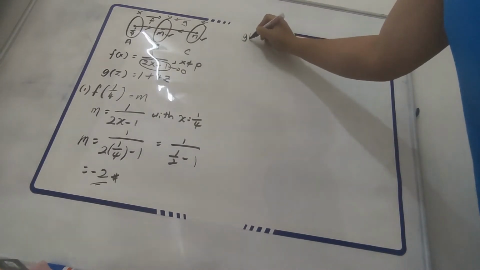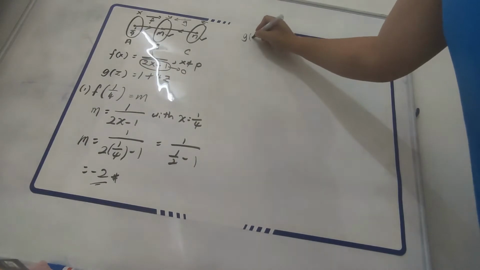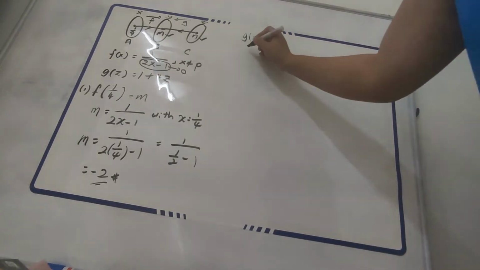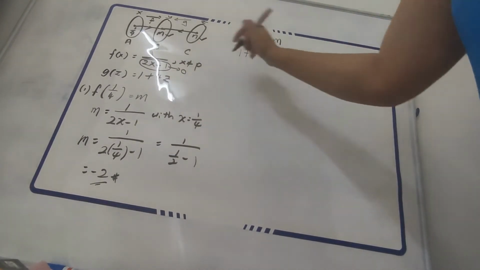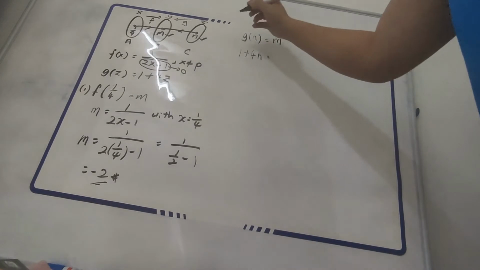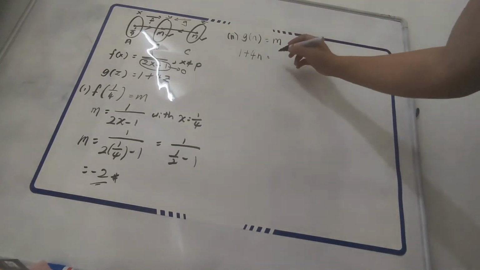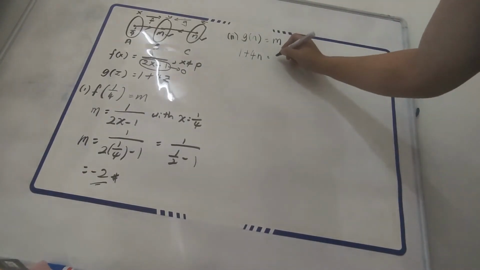The variable z inside the function g is replaced by n. So it equals m. So 1 plus 4n, the z replaced. So this is part C, the last question. The answer: 1 plus 4n equals m.